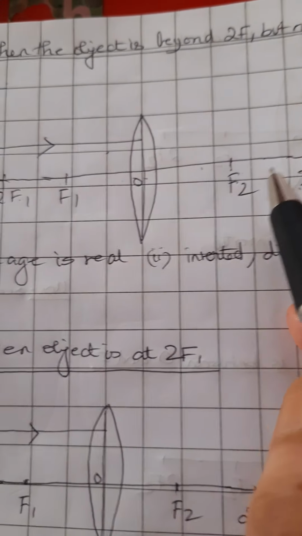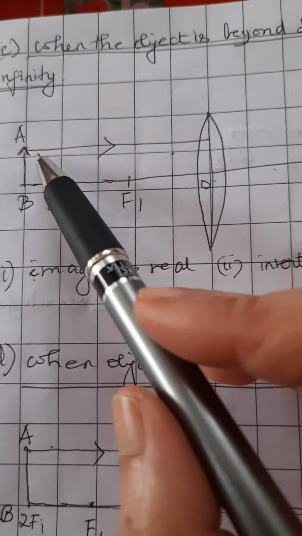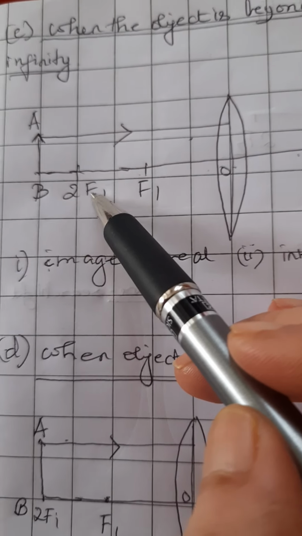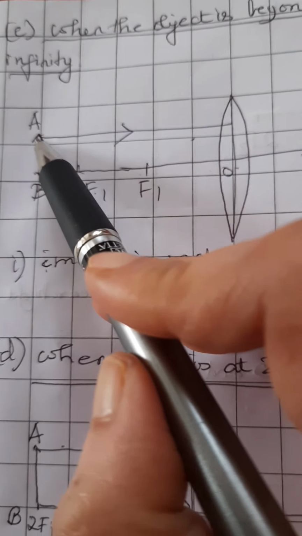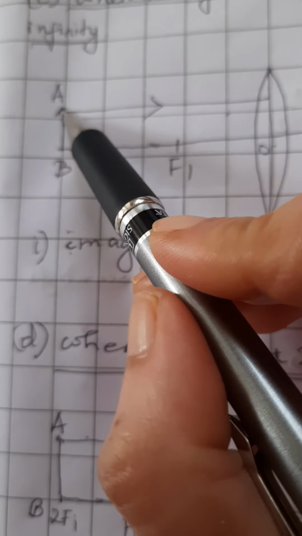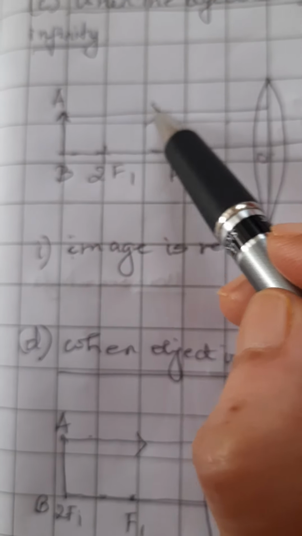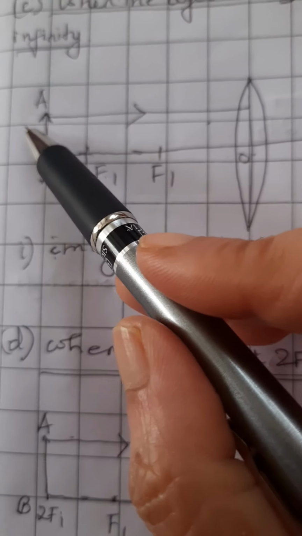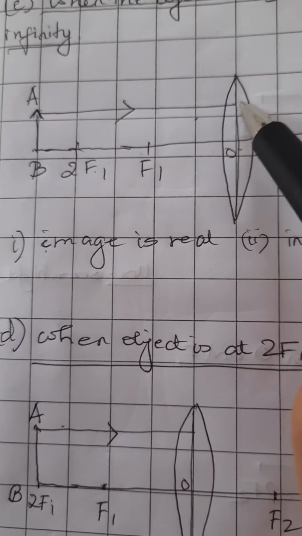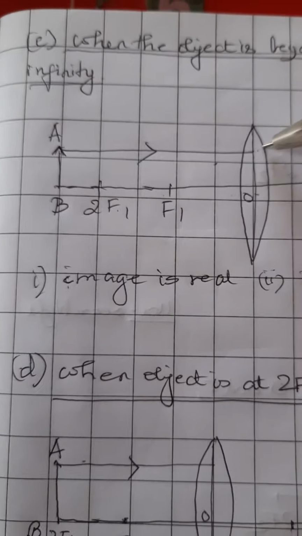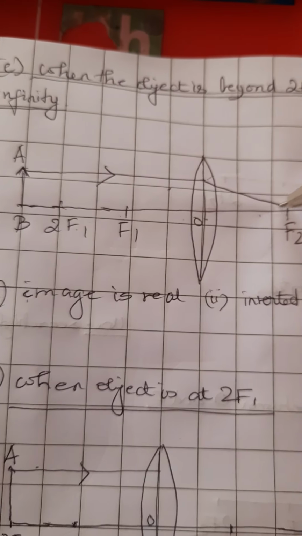So this is the object which is beyond 2F1. To find the position of the image, we are going to draw two rays. The first ray, drawn from the top of the object parallel to the principal axis, after refraction will always pass through the principal focus.